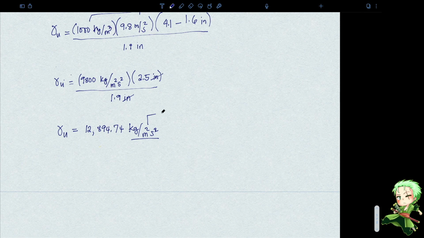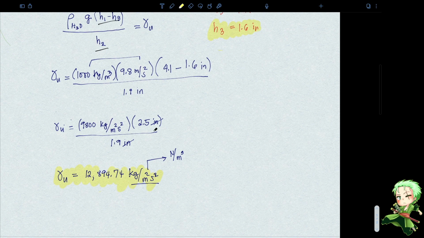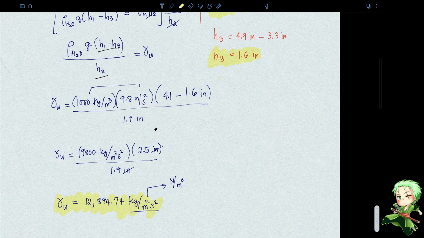But this kilogram per square meter second squared is just Newton per cubic meter. So this is something that you are going to show yourself. So this is then the gamma u, or the specific weight of the unknown fluid. So we have solved that just by looking at how it arranges itself based on the heights.